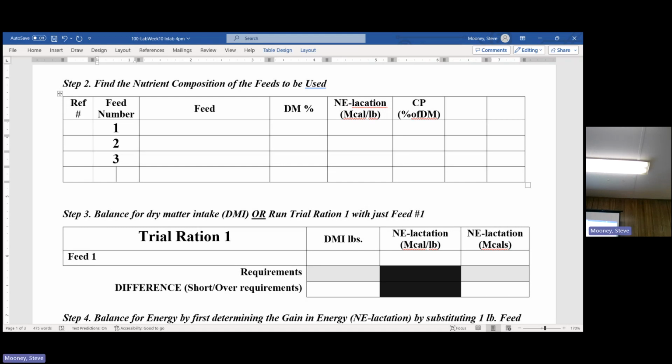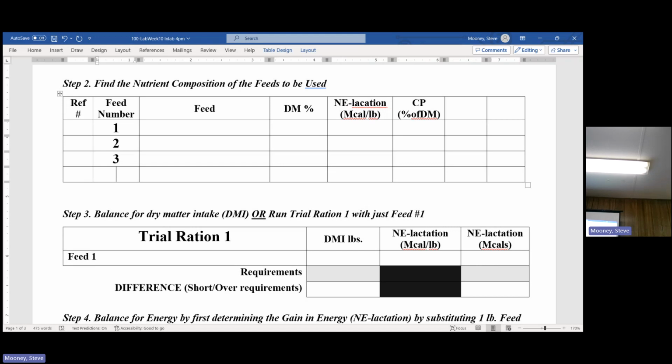This week, I will make sure that things are laid out in order, so that as you pull them off the page, they're in the right order, 1, 2, and 3. I won't always do that. And if you don't double check on that, you're going to get some really funky numbers.